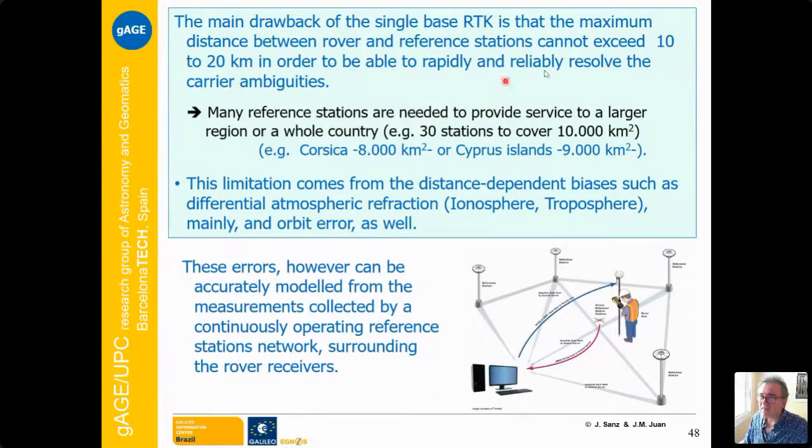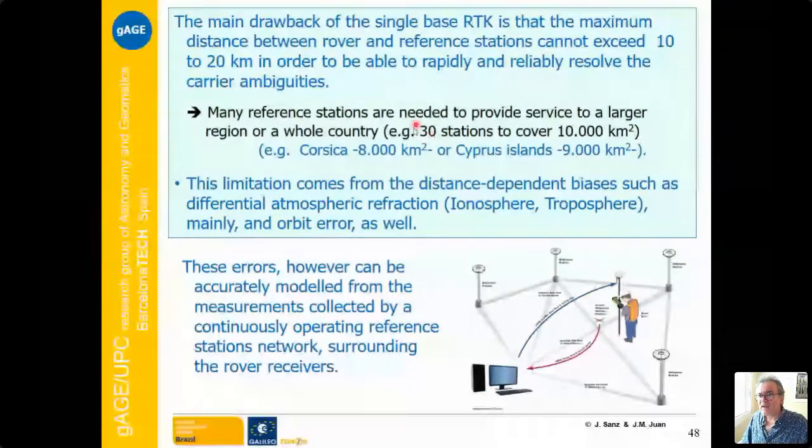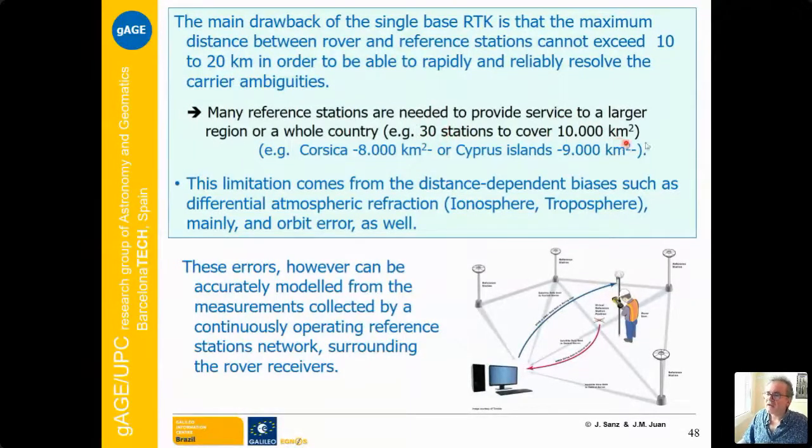This means that we will need many reference stations to cover a large region or even a country. For instance, we need about 30 stations to cover 10,000 square kilometers. This means for the European islands, Corsica or Cyprus, we need many stations.